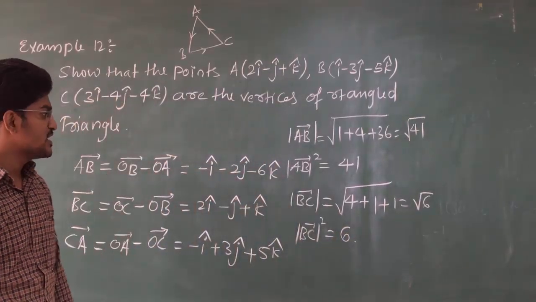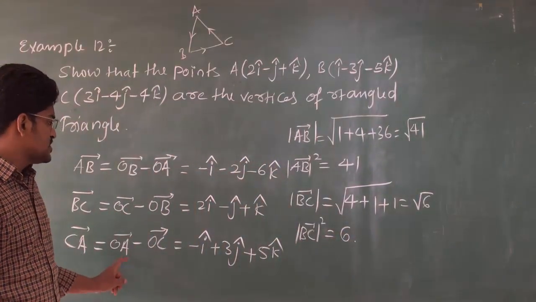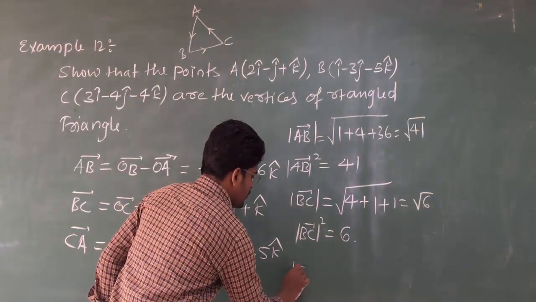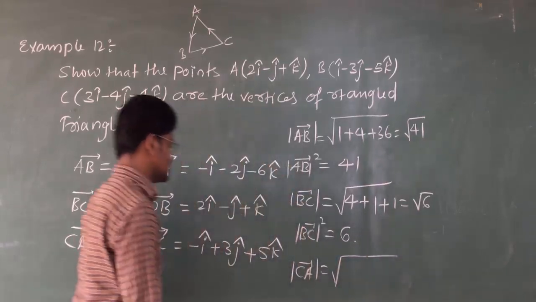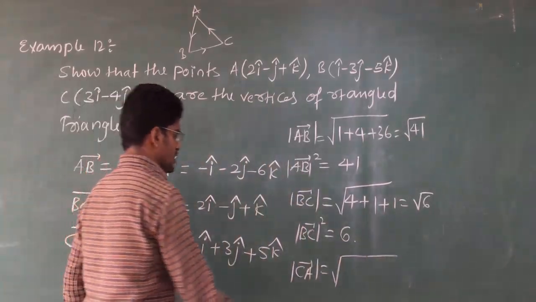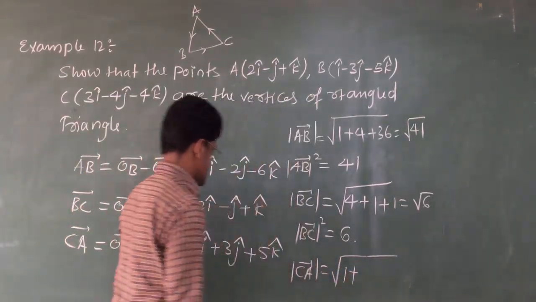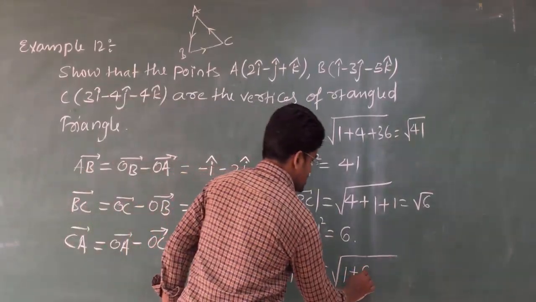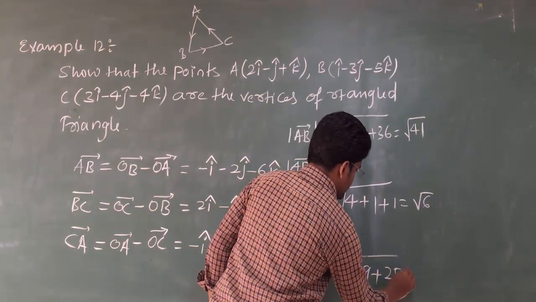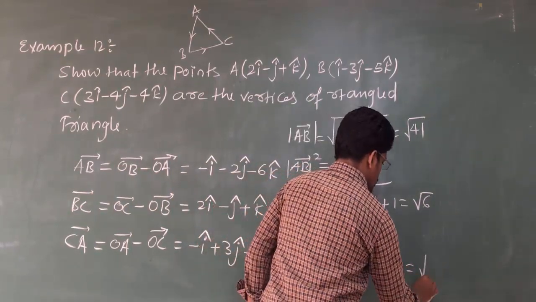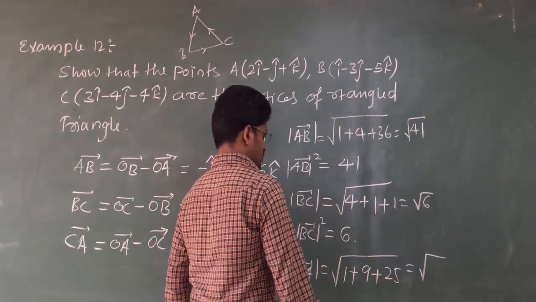Clear? Now let us find the magnitude of CA vector. Square root of minus 1 square is 1 plus 3 square is 9 plus 5 square is 25. So this is root 35.